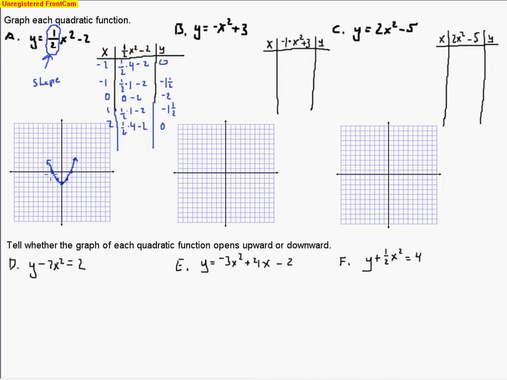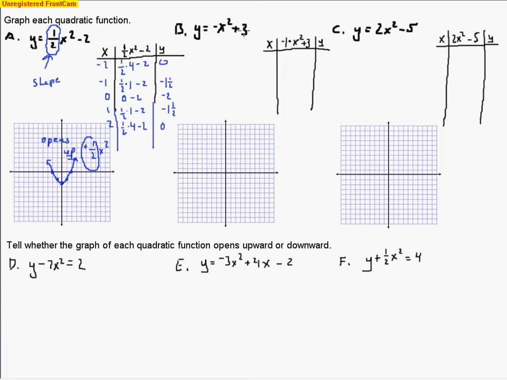It's going to open up a little wider. But this does open up, and it opens up because it's a +1/2 x squared, not -1/2. So it's that +1/2 that forces it to open up. And that's going to be the concept that we'll be looking at in the next one here.